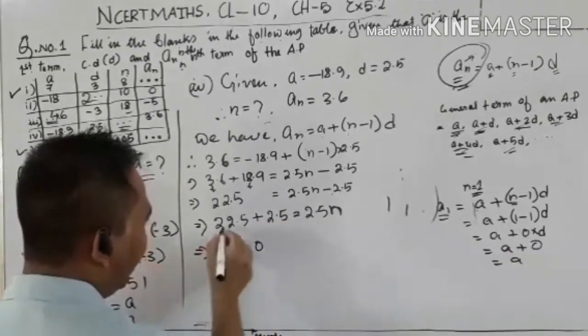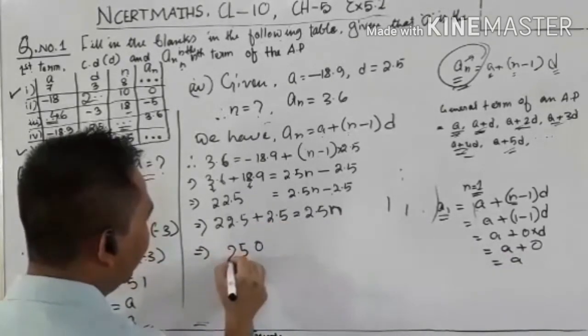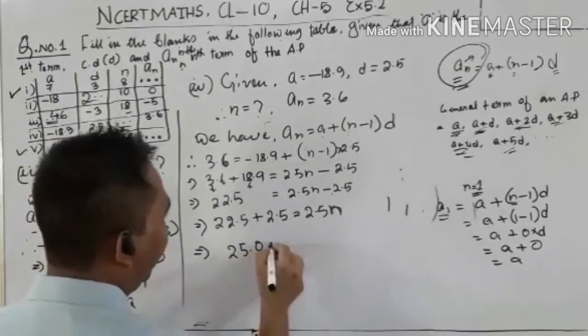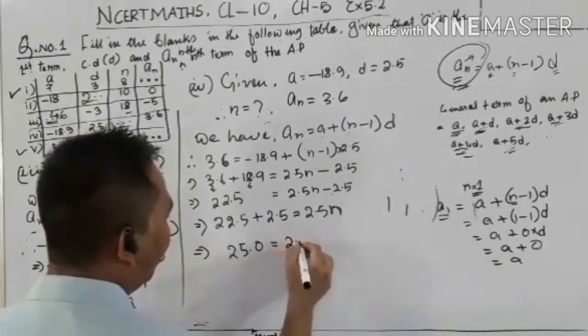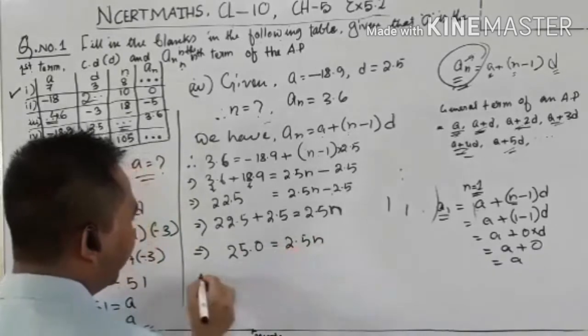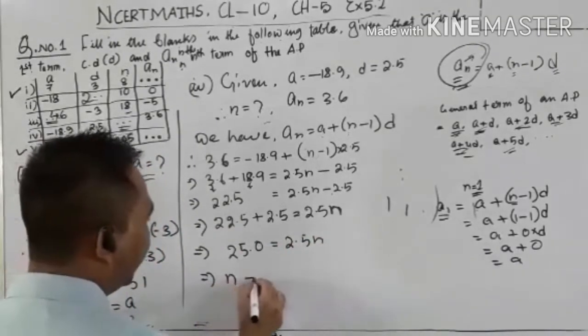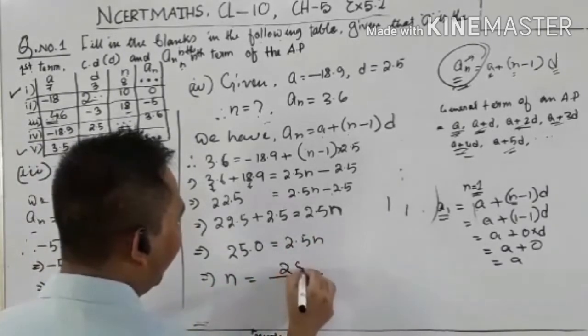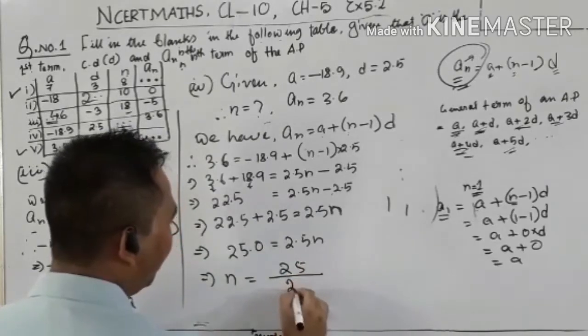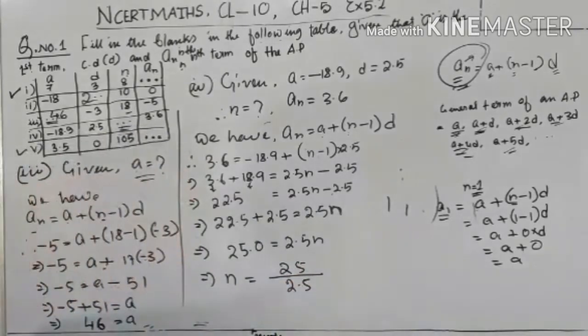And then 2 will come. So 25 equals 2.5 times n. That means n is given by 25 divided by 2.5. It will be how much?